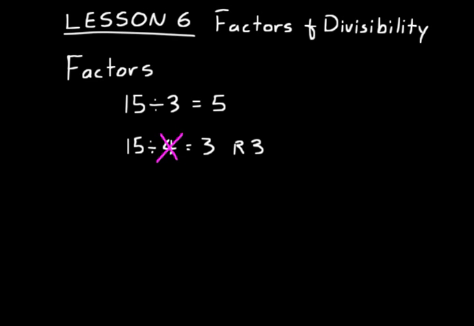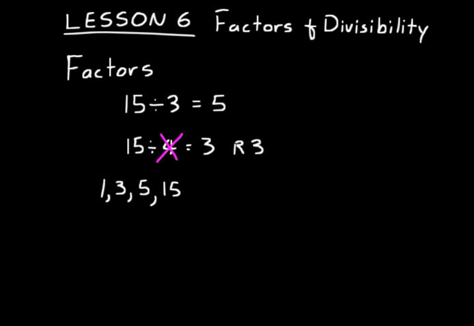Let's just think about all of the whole numbers that 15 could be divided by, and you get a whole number answer. You could do 15 divided by 1, so we know 1's a factor. You could do 15 divided by 3, so we know 3's a factor. 15 divided by 5 would also work. And then 15 divided by itself, 15. So remember what a factor is. A factor is a number that you multiply to form a product.